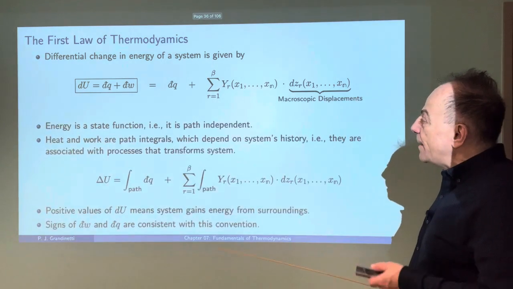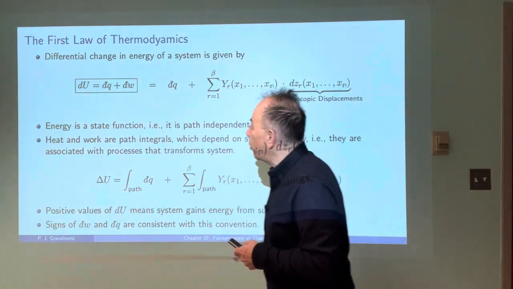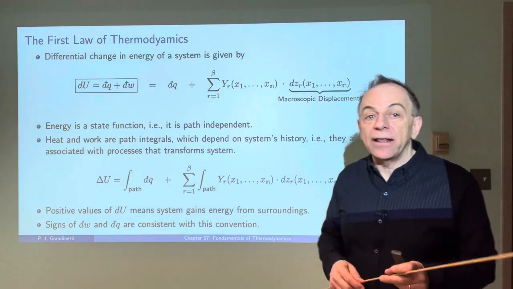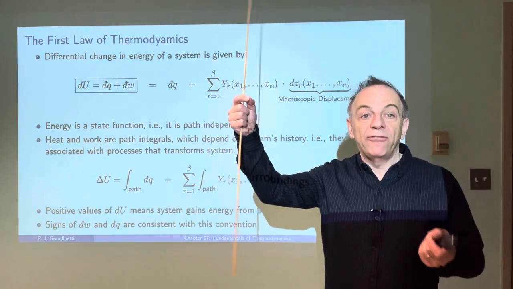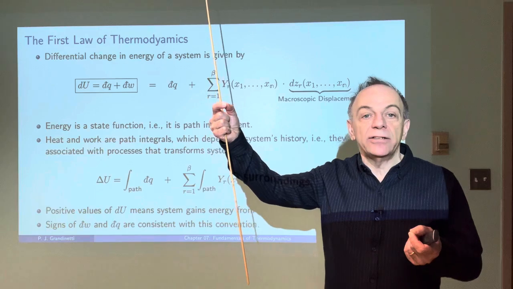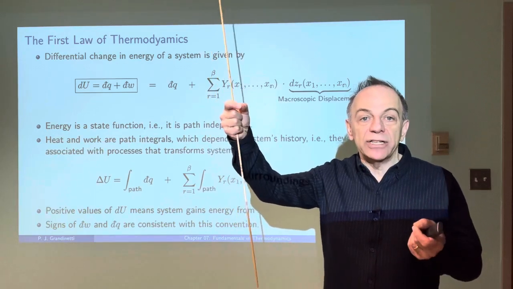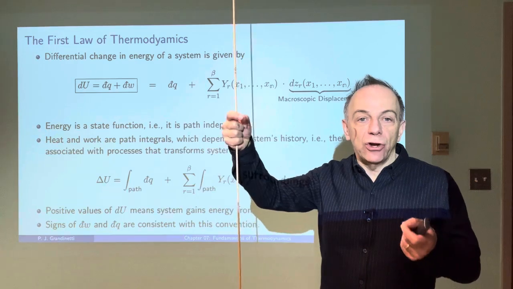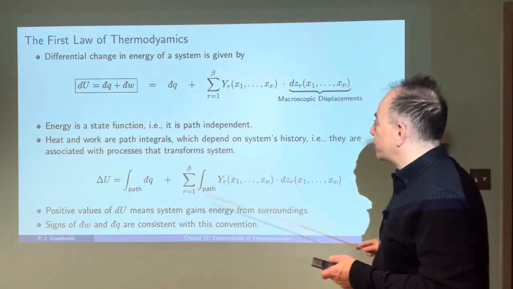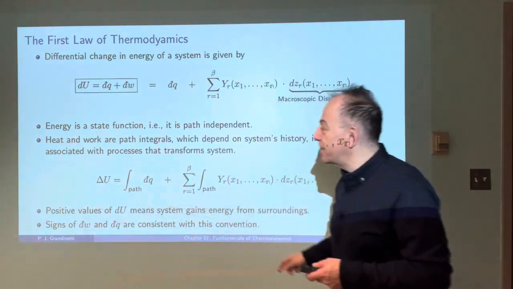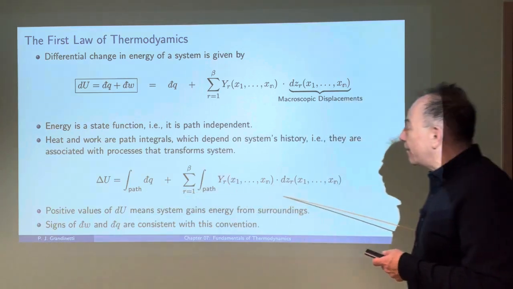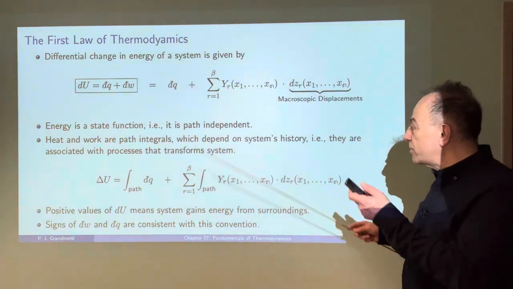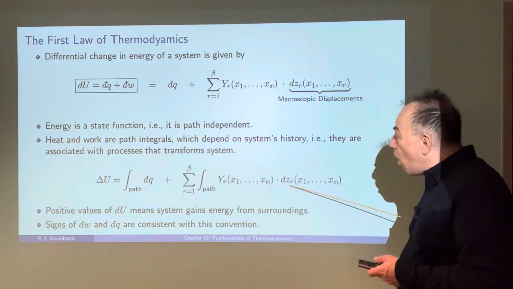Now, it's important to keep in mind that the internal energy is a state function. So it's independent of the path. It only depends upon the initial and final states. It doesn't matter how you connected those two states. That difference in energy is always the same no matter what path you chose to go from A to B. So this delta U is always identical, but evaluating it in terms of the heat flow and the work, the energy that flows as work, is all path integrals.